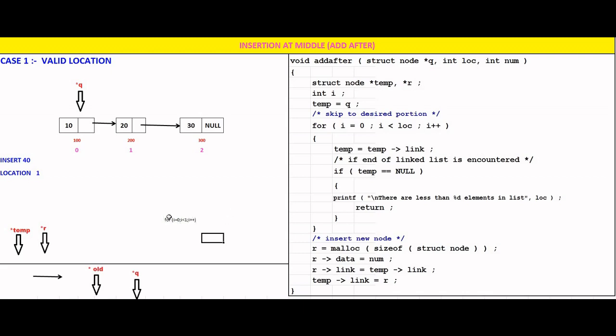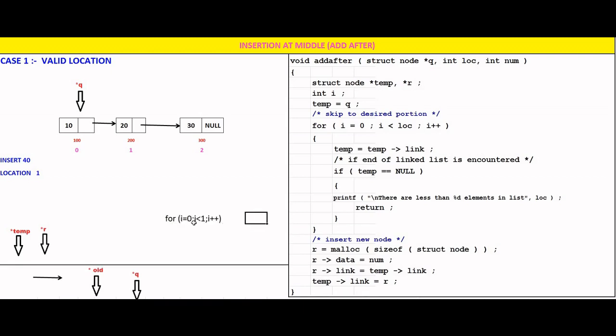So this is our for loop, i less than 1, I put the location value here. Temp is equal, okay, we will start from here only. Temp is equal to q. Where is q pointing? We are pointing the temp over there. So now both q and temp have address 100.